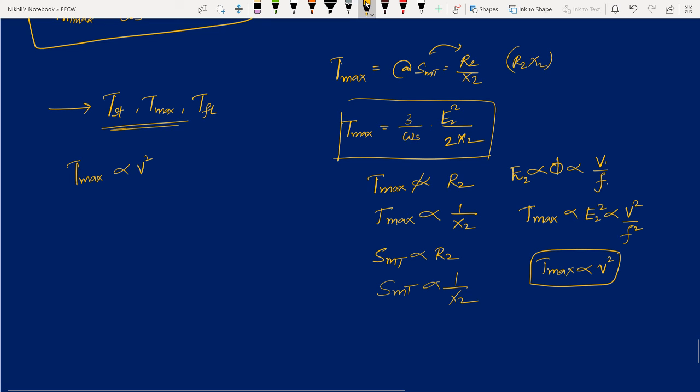It's not just T_max; all torques are proportional to the square of the supply voltage.